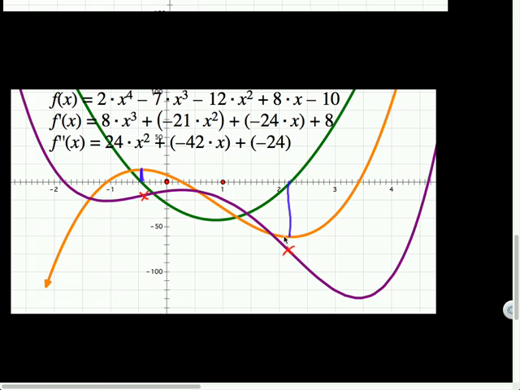It's straight. How would you describe this section of curve compared to this section of curve? This section of curve is kind of opening up, and this section is kind of opening down. So this indicates a change in concavity, where this is concave up and this is concave down.